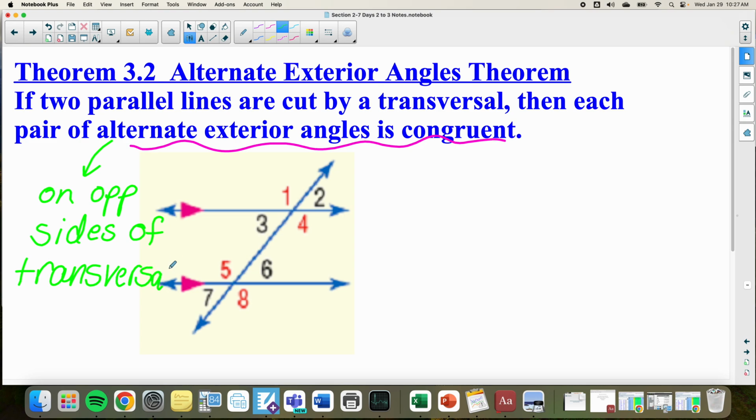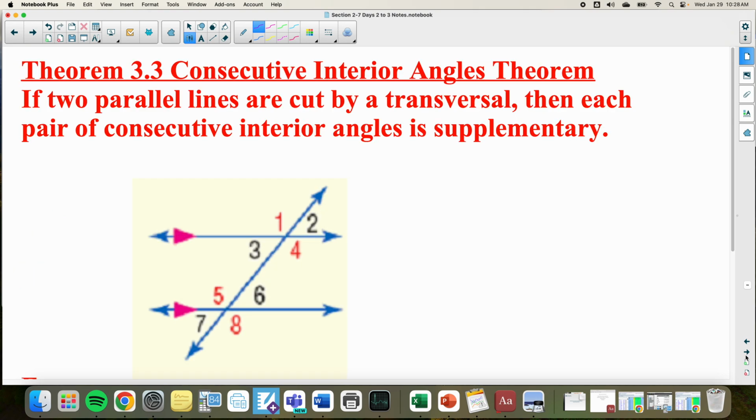So what I mean by that, if these are my 2 lines, the exterior ones are 1 and 2 and 7 and 8, and then they'd be on opposite sides of the transversal, and they'd be congruent. So this one is congruent to this one, as well as this one is congruent to that one, okay? So those 3 all are congruent if our 2 lines are parallel. It would be easy if all 4 of them were congruent, but that's not the case.